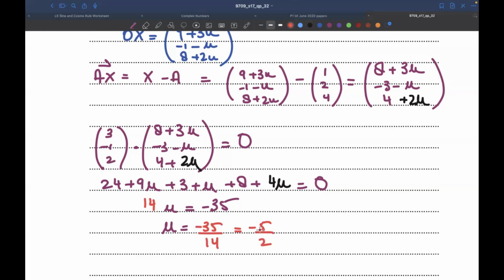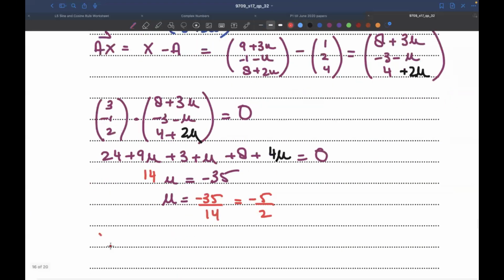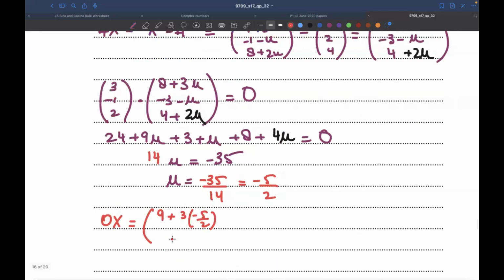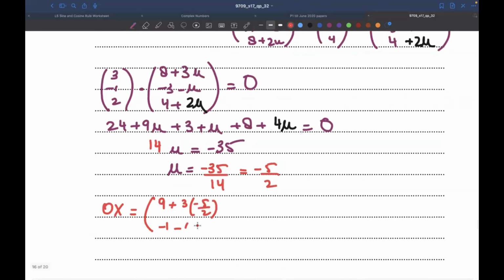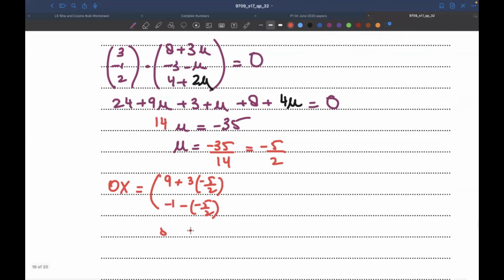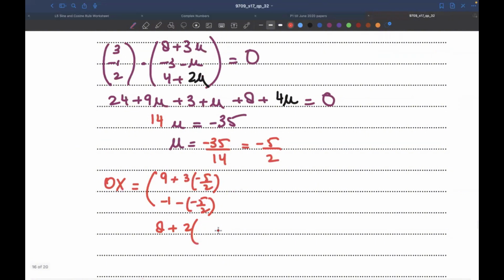Now to find the value of X, we can substitute this value in the direction of OX. So OX will be 9 plus 3 times minus 5 upon 2, and then minus 1 minus 5 upon 2, and 8 plus 2 into minus 5 upon 2. So this will become 9 minus 15 upon 2.